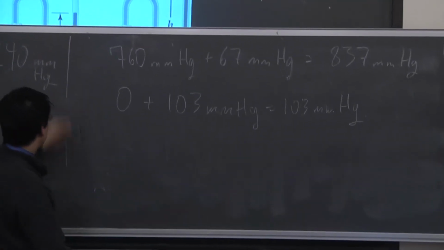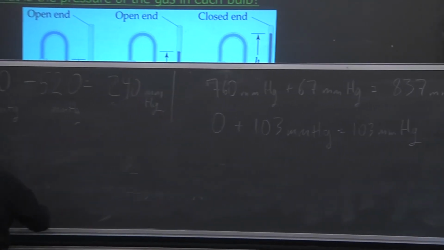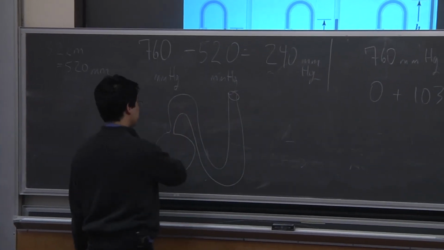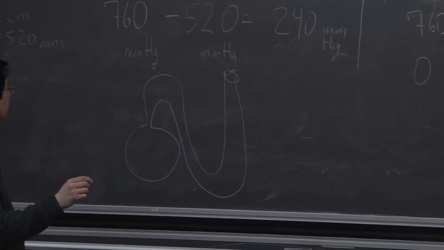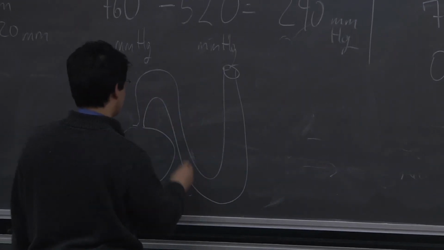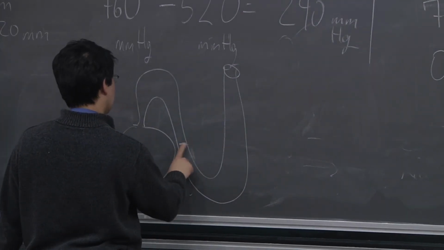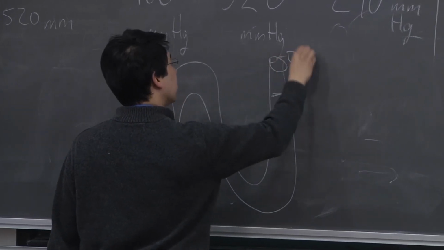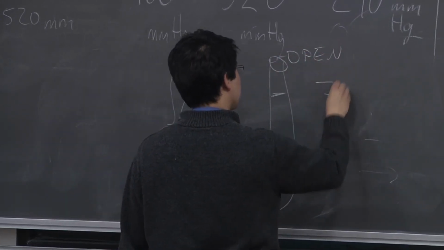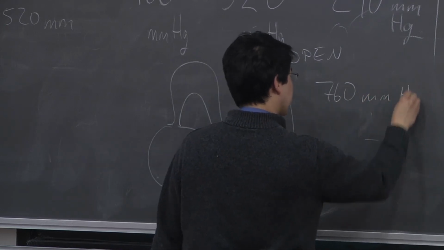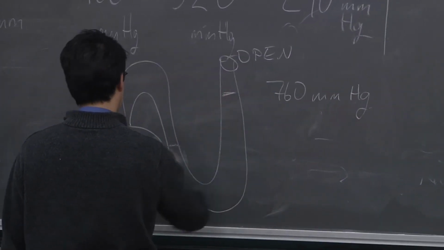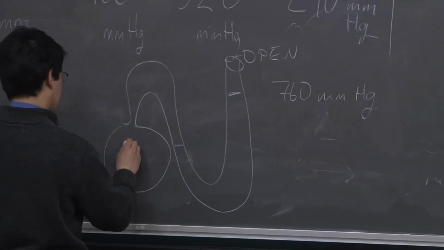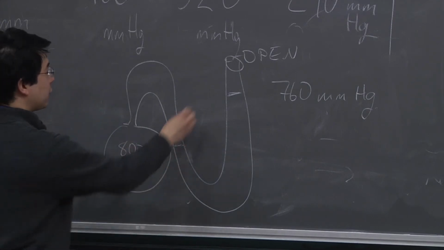Let's do one more before we wrap up. Okay, so this is open, and let's say the atmospheric pressure is 760 millimeters of mercury, and the pressure here is 800.